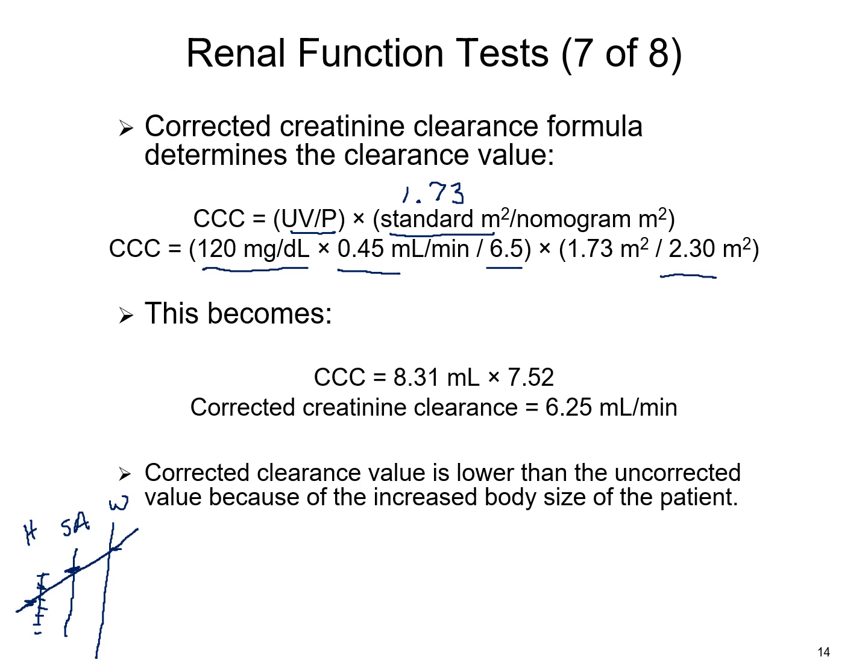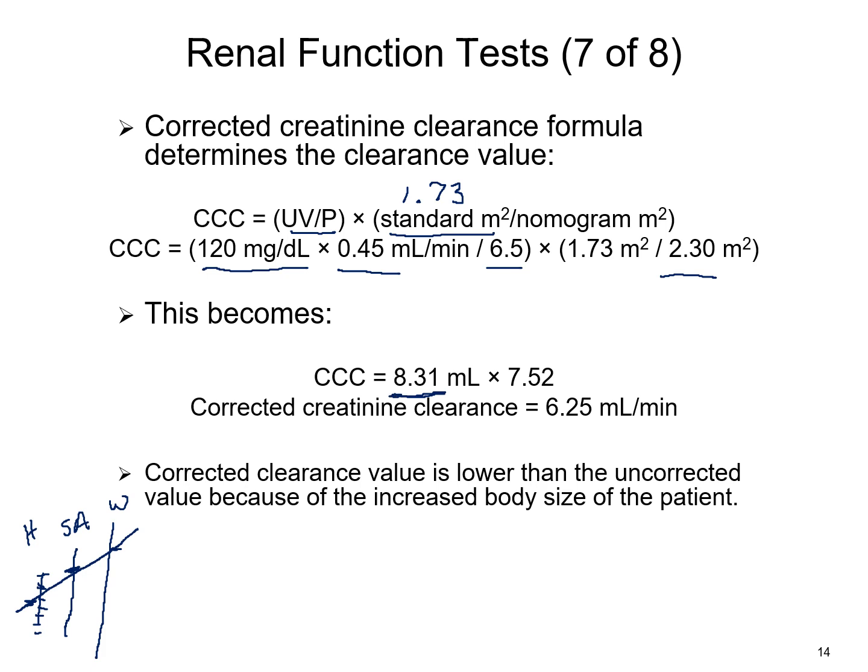It's a little hard to read because of the way these are positioned in the book, and of course if you have an electronic copy it's going to be even harder. However, this one was calculated to be 2.30. So once you finish plugging all of that in and work out the equation, if we originally were to do it without the correction, it would be 8.31 mLs per minute.